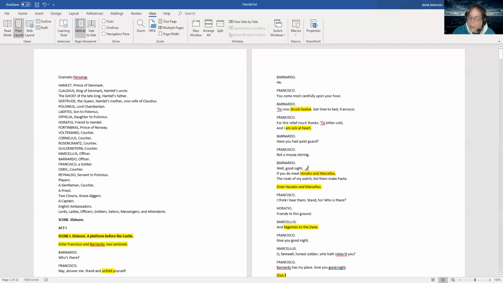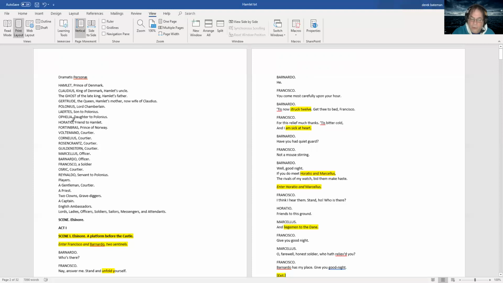Well, good night. If you meet Horatio and Marcellus, the rivals of my watch, bid them make haste, and then Horatio and Marcellus come in. We look over, right? Who are they? This is where we're going to be coming back here. Marcellus is another officer, as are Bernardo and Francisco, sentinels. Okay, who's Horatio?